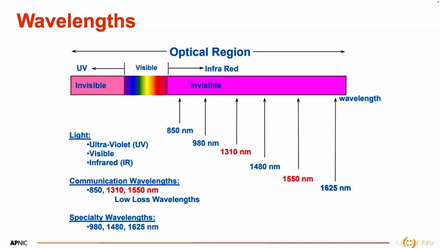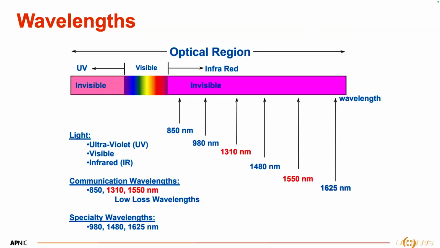Moving forward, as I was saying in previous slides, there are different regions in the optical domain. There are regions which we see, and regions which we do not see. For the visible region, we can identify different colors of light.